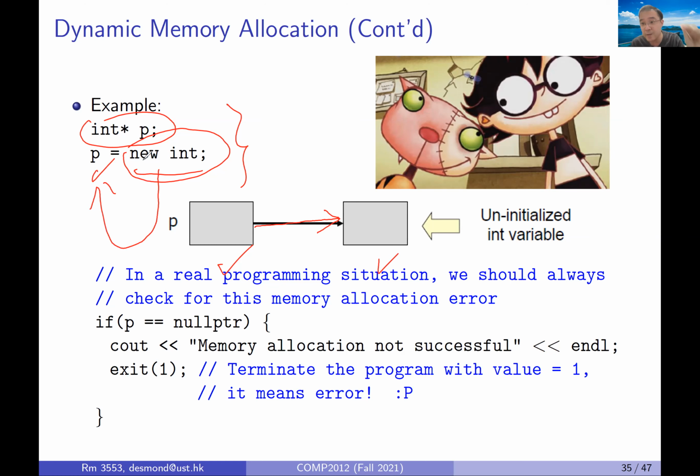So P would keep a null pointer. So essentially, you can check P and see whether it is a null pointer. If it is a null pointer, that means no memory. But if you see a non-null pointer, definitely you get it. Do you know what I'm saying?